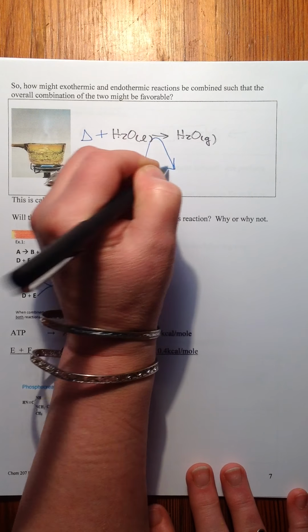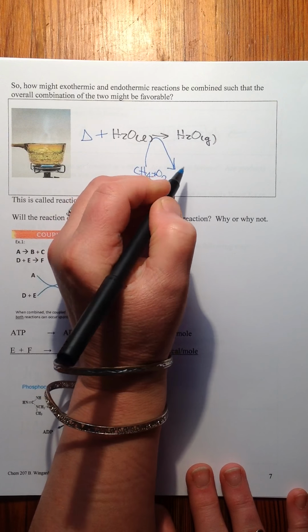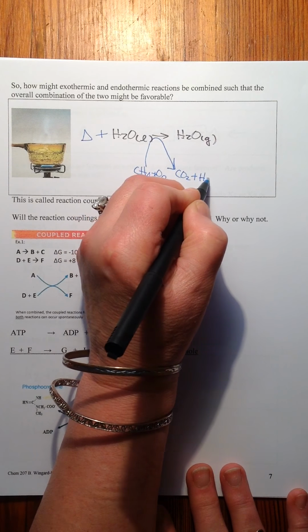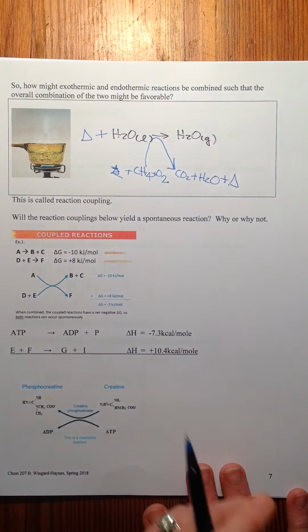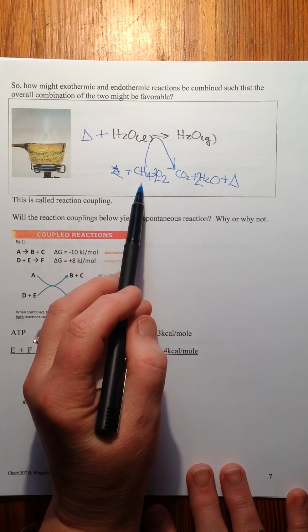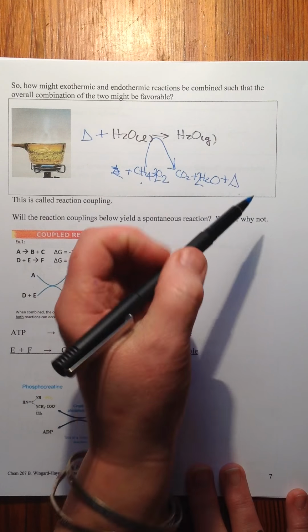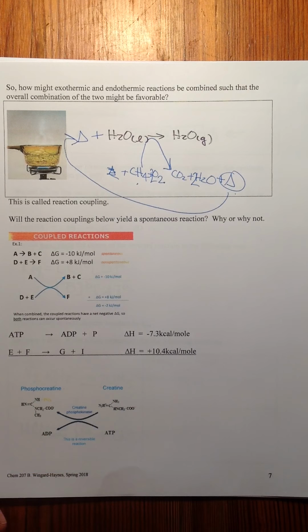So we're going to couple it, for example, to CH4, which we're going to combust to make CO2 plus H2O, and we're going to create heat when we do that. And indeed, when we light a Bunsen burner, our Bunsen burner uses methane gas and we create heat. This heat will then drive this reaction forward. And this is what reaction coupling looks like.